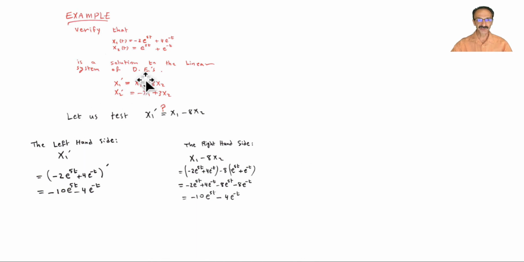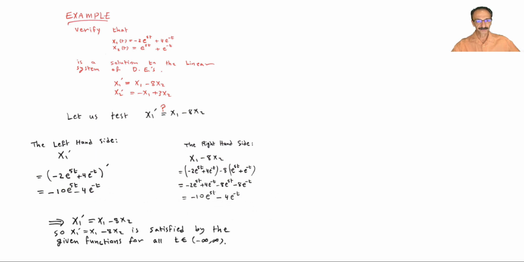This is just a general example, there's nothing much in it. So it does simplify to the same thing, meaning that x1 prime equals x1 minus 8x2 are equal, so x1 prime is satisfied by the given functions for all t from negative infinity to infinity.